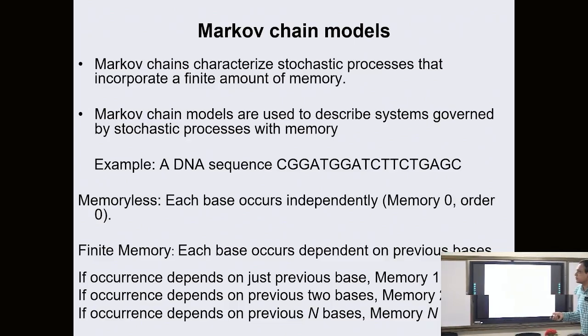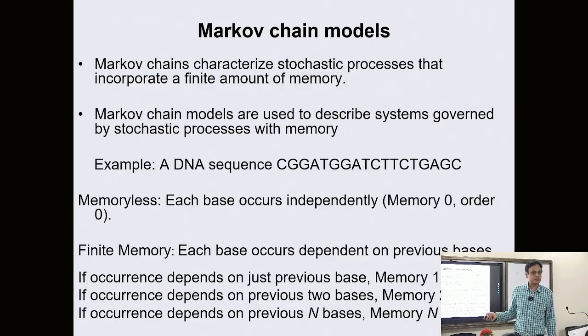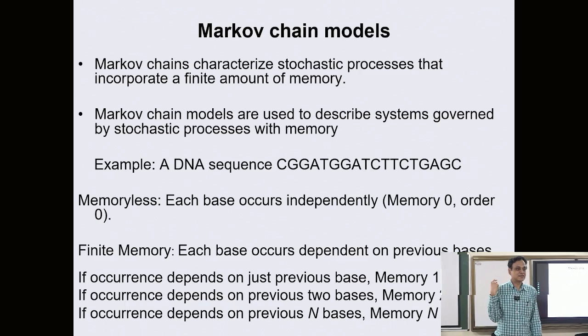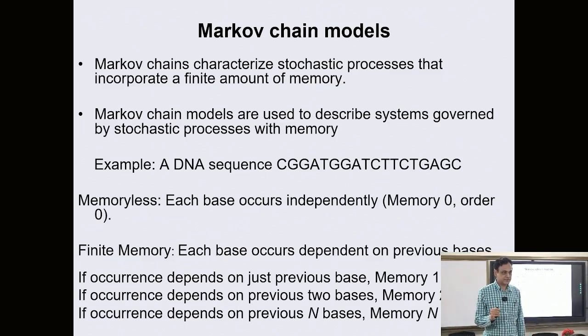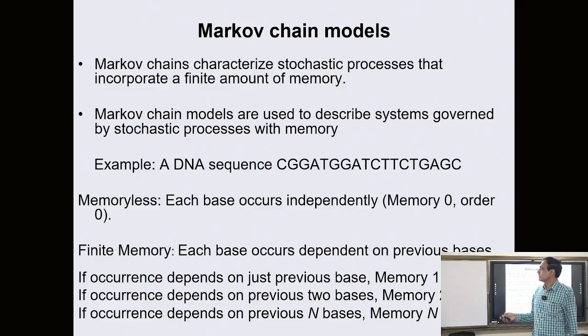If the occurrence of a base depends on just the previous base, for example, if occurrence of T depends on just the previous base A, there is a memory of how many nucleotides, how many bases? One base only. Sometimes I will say base or nucleotide, it means the same. Okay, so memory 1 and Markov model of order 1. If the occurrence of a base depends on two previous bases, then the memory is 2, and this is a Markov chain model of order 2, and so on. Okay, very good.